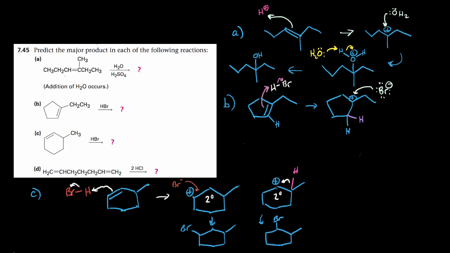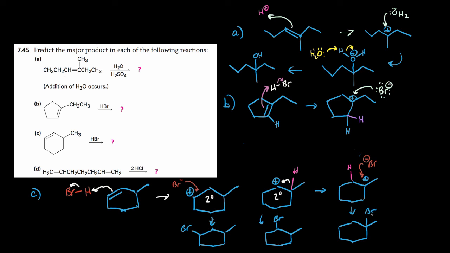If we move the hydride over to the carbocation, we'll make a new carbocation. This is yet another pathway for this reaction. Now we have the hydrogen there, and bromide can add to the tertiary carbocation, and we will get yet a third product.